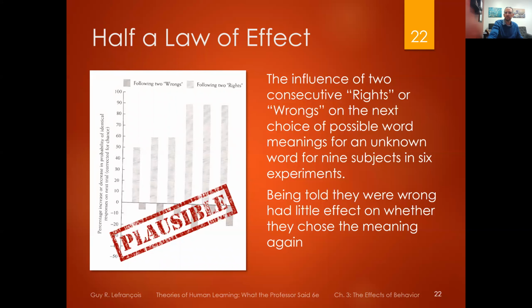What he found is that if we were told that we were wrong, that didn't change whether we chose the meaning again. There's an unknown word, basically a made-up word, and he is having them choose possible meanings, and there's a right answer, but the participants don't know what the right answer is. And so he is studying and saying, okay, what happens if we tell them they're right? Well, if you tell them they're right, they're probably going to make that same choice the next time they're presented with that new made-up word.